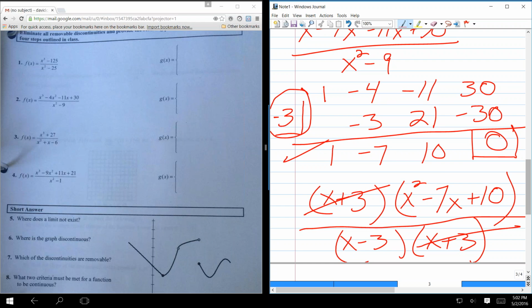In other words, when you get down to your final answer, which is this, that's everywhere except x equal 3. And then for x equal minus 3, go ahead and substitute minus 3 in there, minus 3 down there, and come up with a number.